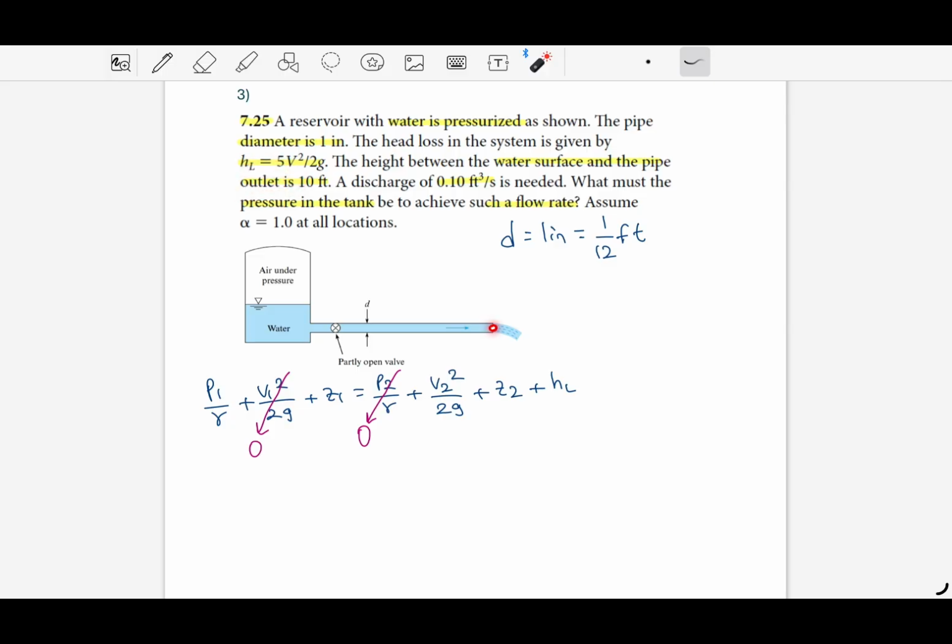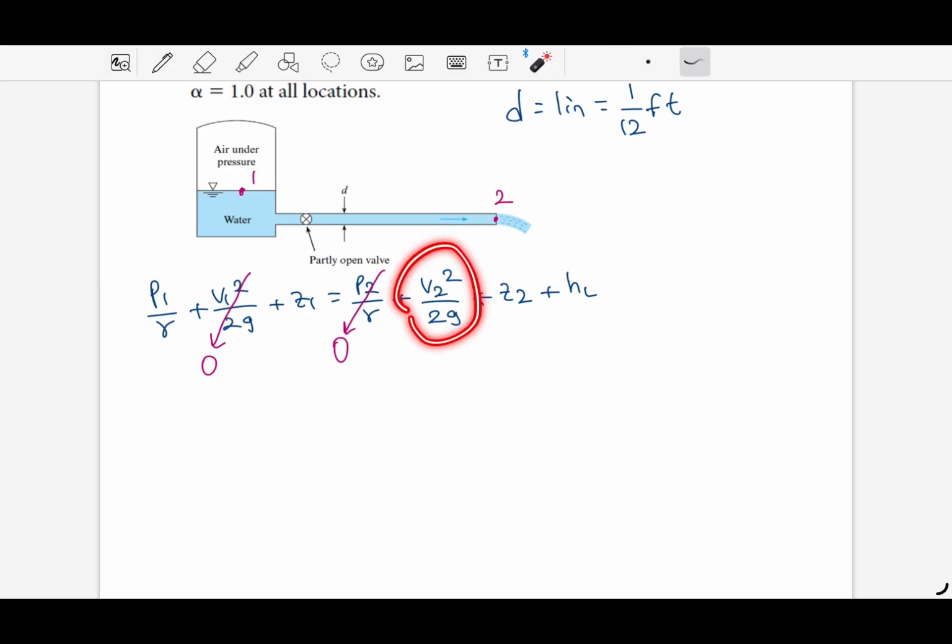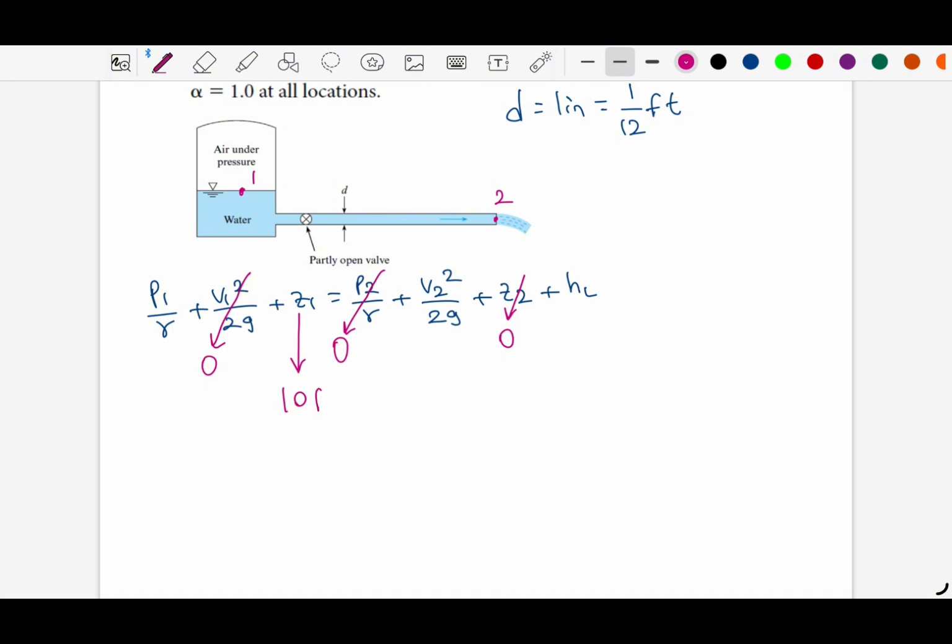So since this is the outlet, we will have water flowing to the atmosphere, so we will have 0 pressure. So let me write this is 2 and this is 1. And of course we will have velocity because the water is flowing with this velocity. And also, since we can take this point as the reference 0 point, we can take z1 as 10 feet.